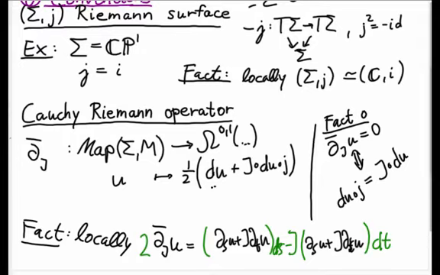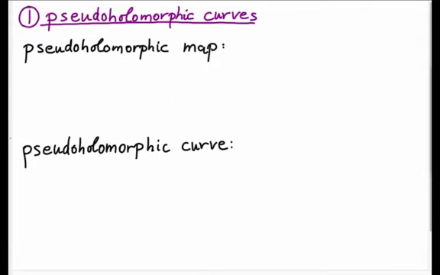Good. Okay, so that was notation, as it might be coming out of your ears if you've been around last semester. And now comes a little bit more language that wasn't so important before, and it's going to become pretty crucial in order to stay sane when we try to talk about moduli spaces. So it becomes very important to differentiate between pseudoholomorphic maps and pseudoholomorphic curves.